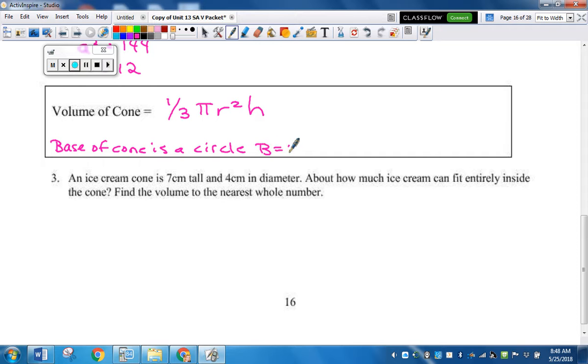So big B would be pi r squared. So really, it's no different than the other one here. It is the same. It is 1/3 big B h, right? But this formula, the 1/3 pi r squared h, is the one they're going to give you on your reference sheet.